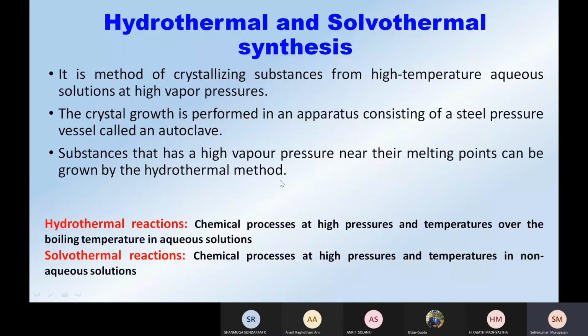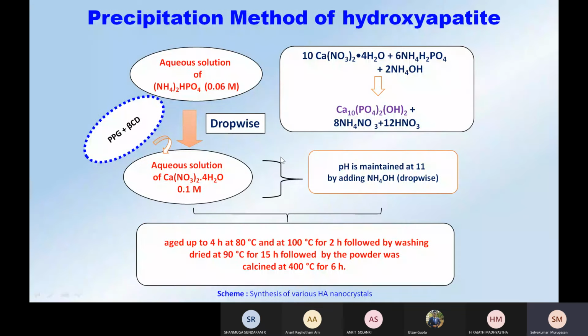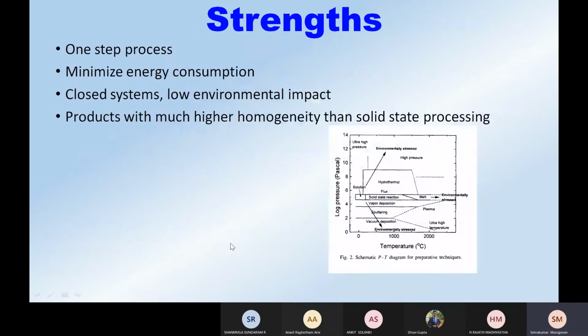Okay, unlike the precipitation method, where you do all these things maybe in a beaker or some sort of vessels which are open. That means there will be changes in the heat energy, or some sort of pressure, etc. So as a result, the crystal growth will not be that uniform throughout your materials.